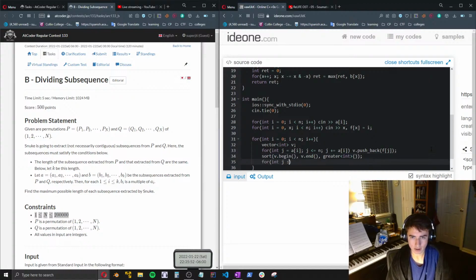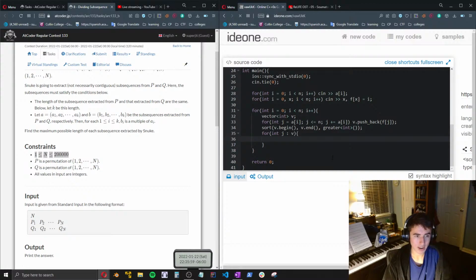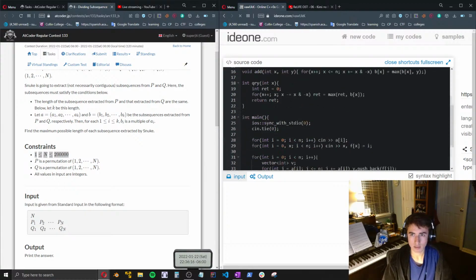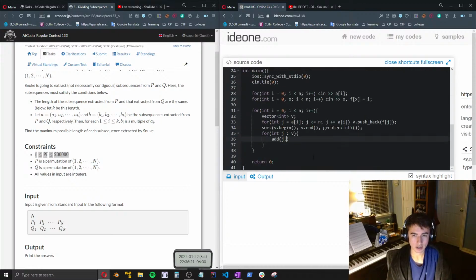And for V, we're adding j, query plus 1, should be like this.